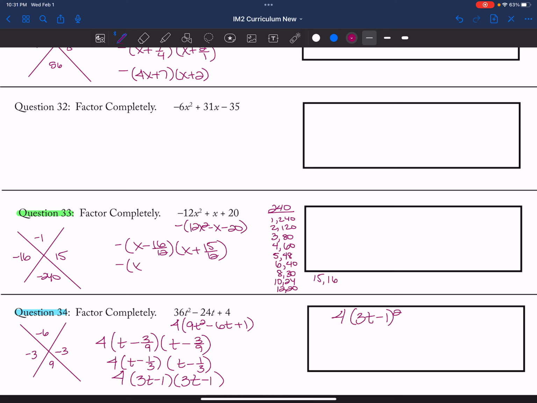So this is negative x minus 4 over 3 and x plus 5 over 4. So the negative 3x minus 4 and 4x plus 5. So negative 3x minus 4 and 4x plus 5.